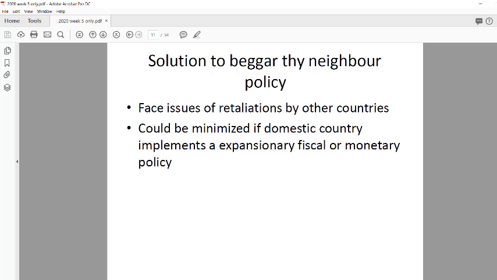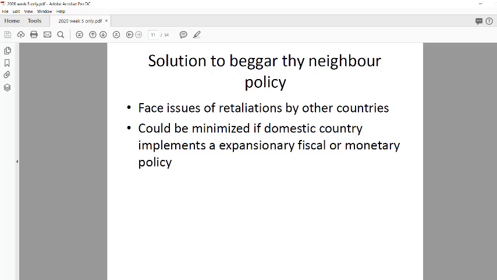So your response, by imposing this protectionism, could be to apply an expansionary fiscal policy or monetary policy. When you apply those two policies, they help combat the effect of your tariff increase.